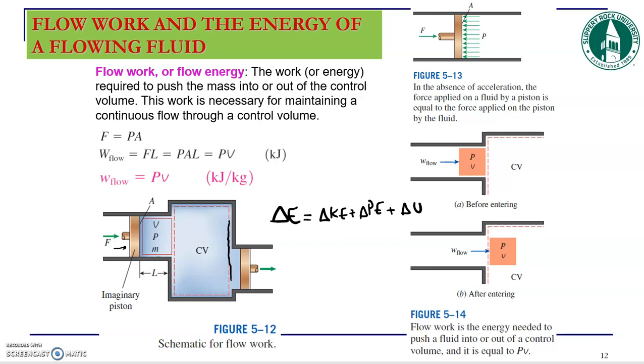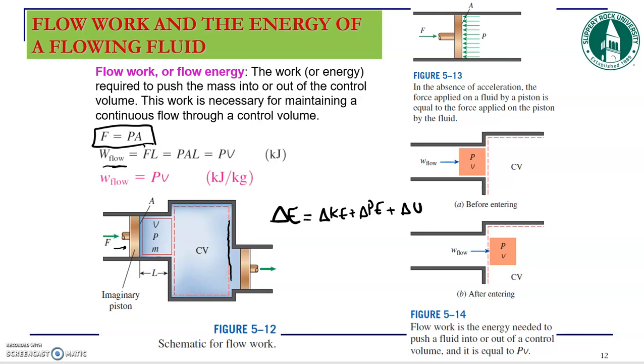The work required to do that is basically equal to the pressure of the fluid multiplied by the cross-sectional area of the piston, or basically the channel or tube that we are talking about.